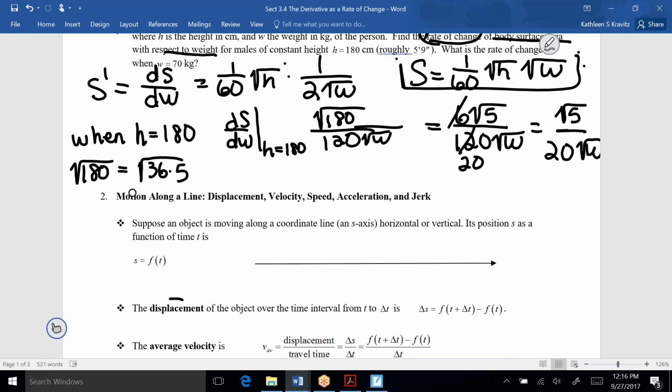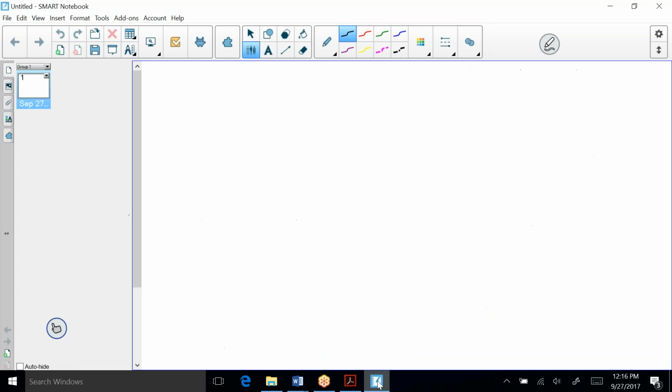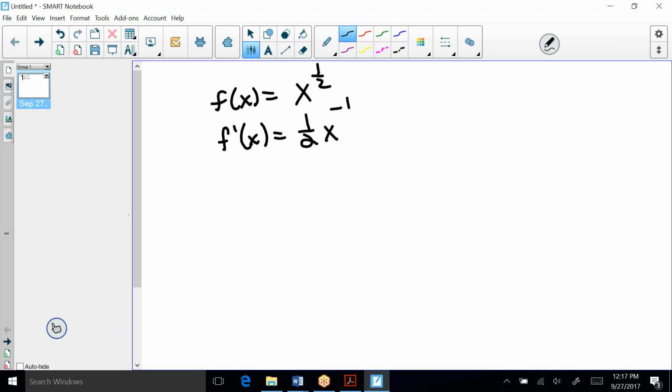Well, we were just doing this last time. So the way that I got it is I said, what did we do last time? If we have a function f of x equal to the square root of x, or x to the 1/2, and we take the derivative, it's 1/2 x to the minus 1/2, and that's the same thing as 1 over 2 times the square root of x.